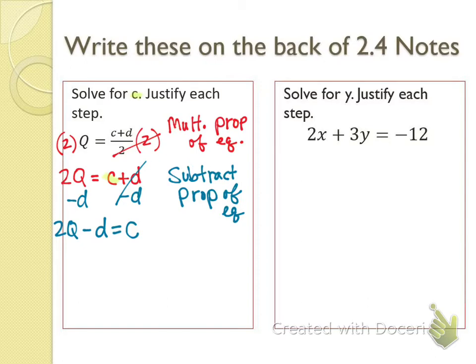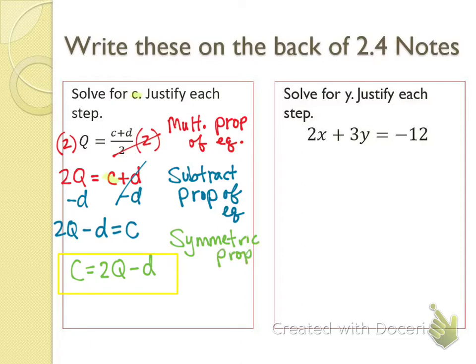We are going to flip it just to practice this property. What is the property called when you flip it like that? Symmetric. So again, you don't have to do the symmetric property, but if you do it, you do need to list it as one of your steps.